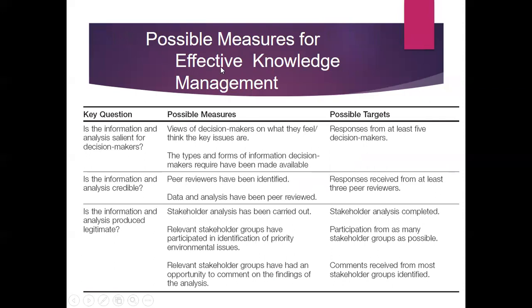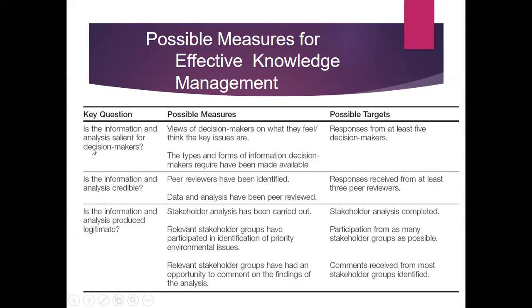So effective knowledge management. What are some of the things we can measure? Again, these tables, I'm not going through every single item in the table, but I'm just helping you understand what is in there. So key questions. So it starts with a question. For example, what do we have here?